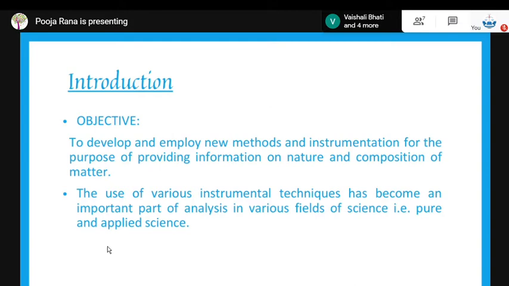Now, the chemical sciences serve as a proof of various advances and evolution of technologies, which has led to the growth of high performance instruments. And this development of instrumentation has led to more sophisticated and non-destructive methods of analysis.